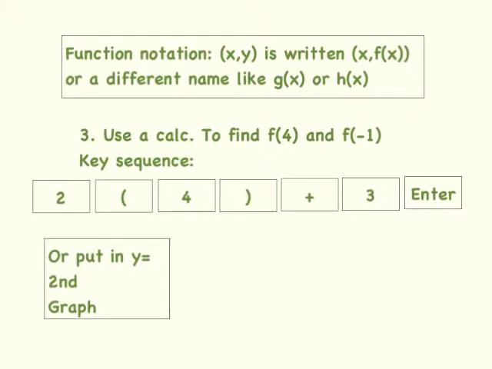So on number 3, if you need help with the calculator, here's the key sequence you would put in to find the f of 4 and the f of negative 1. You would do 2, parentheses, 4, parentheses, plus 3, enter. Well, why not just say 2 times 4, Miss Murray?